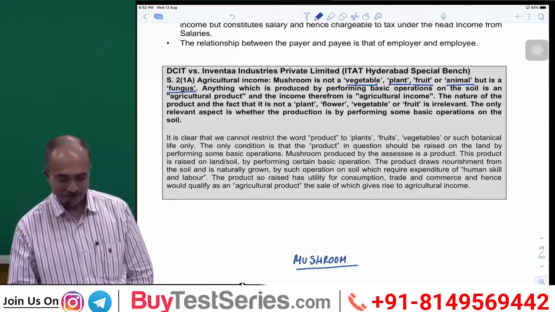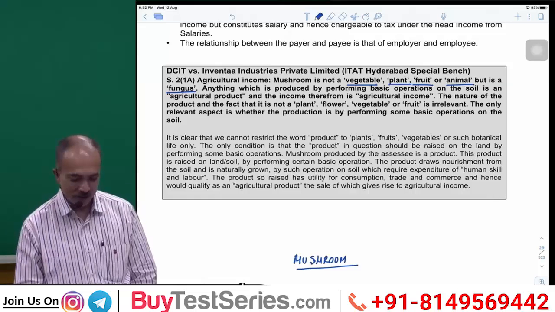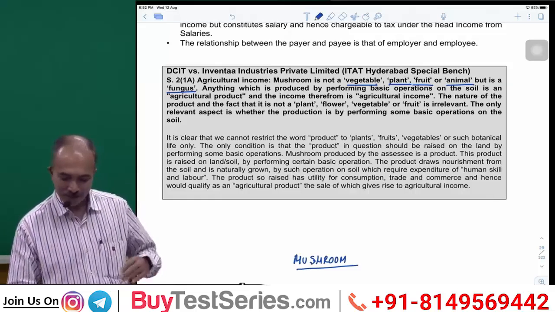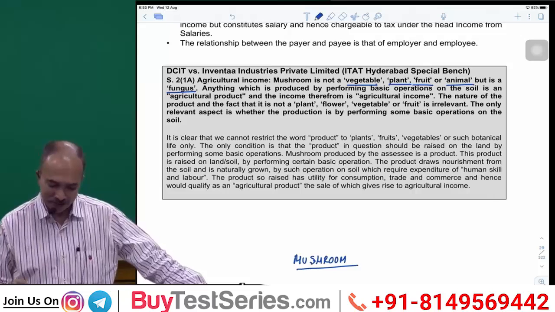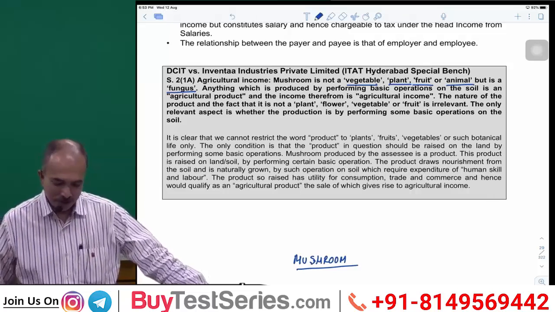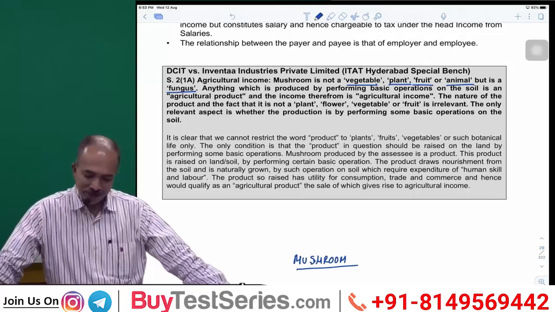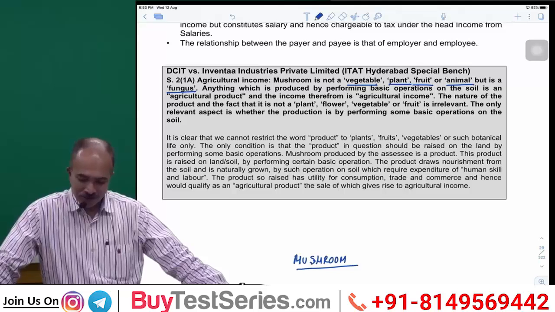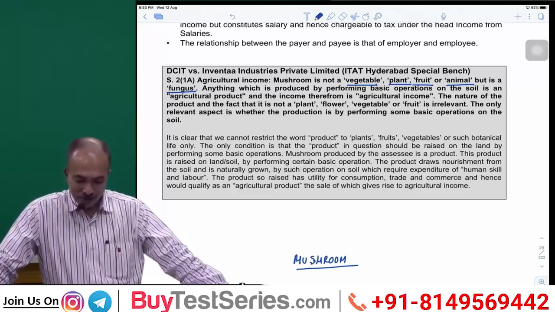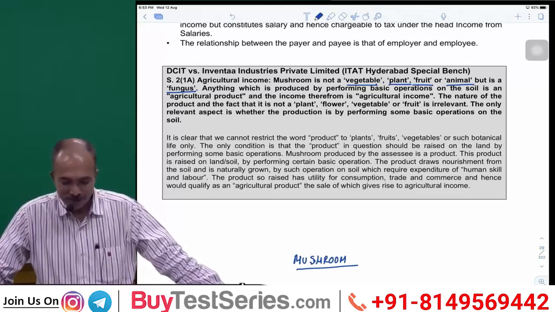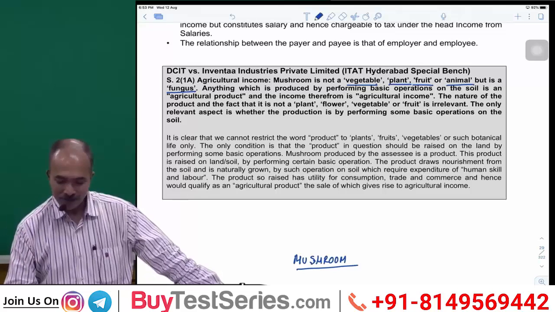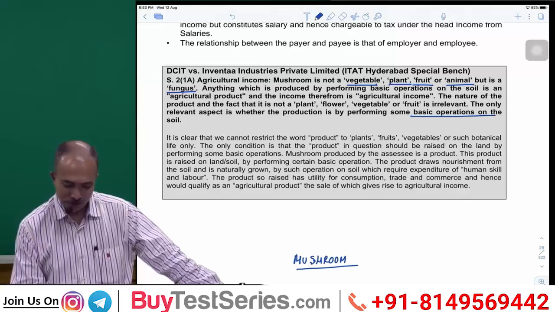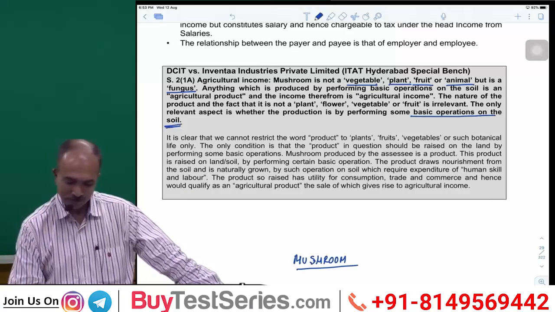Anything which is produced by performing basic operations on the soil is an agricultural product. And the income therefrom is agricultural income. The nature of the product and the fact that it is not a plant, flower, vegetable or fruit is irrelevant. The only relevant aspect is whether the production is by performing some basic operations on the soil.